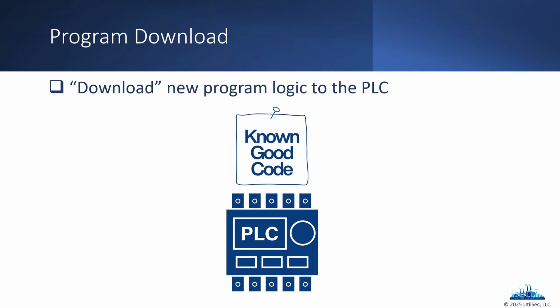One moment the PLC is running good code that somebody had programmed, maybe the integrator, the vendor, or a PLC tech. And then here we come along, and maybe someone left the PLC in remote program mode, and for that particular PLC, that allows me to update the PLC logic. Or maybe it's even in run mode. Most PLCs will still allow you to change the programming logic if they're in run mode.